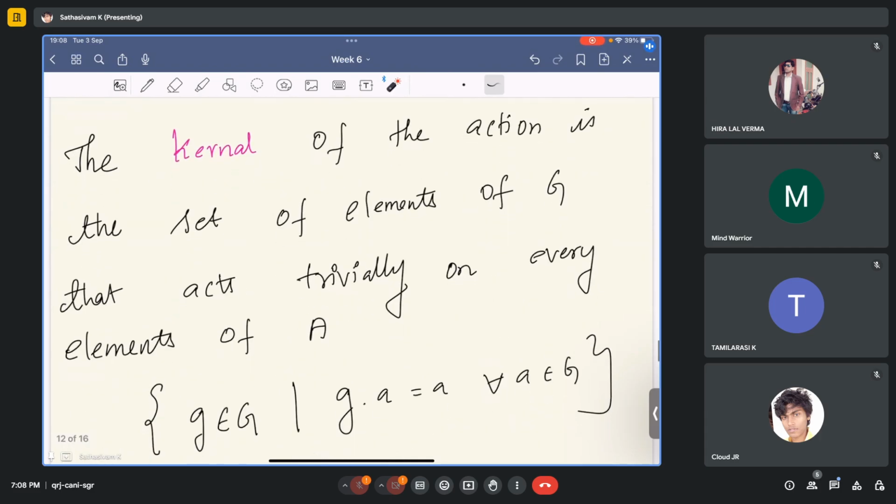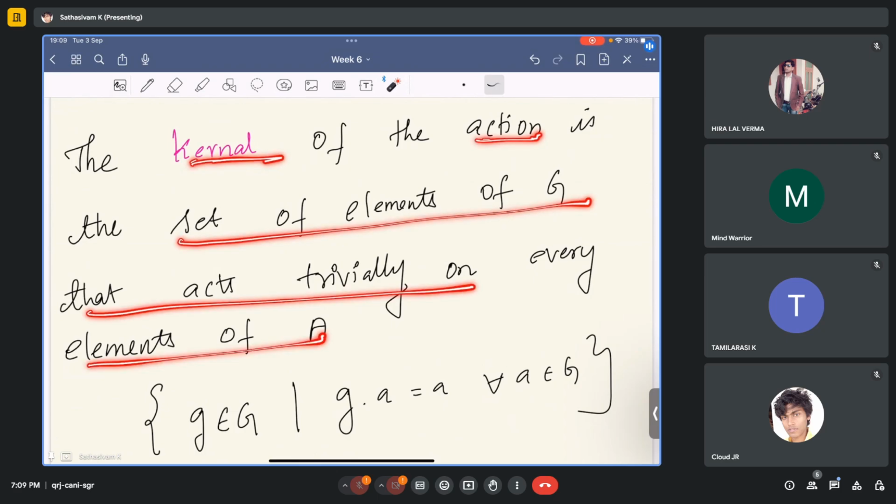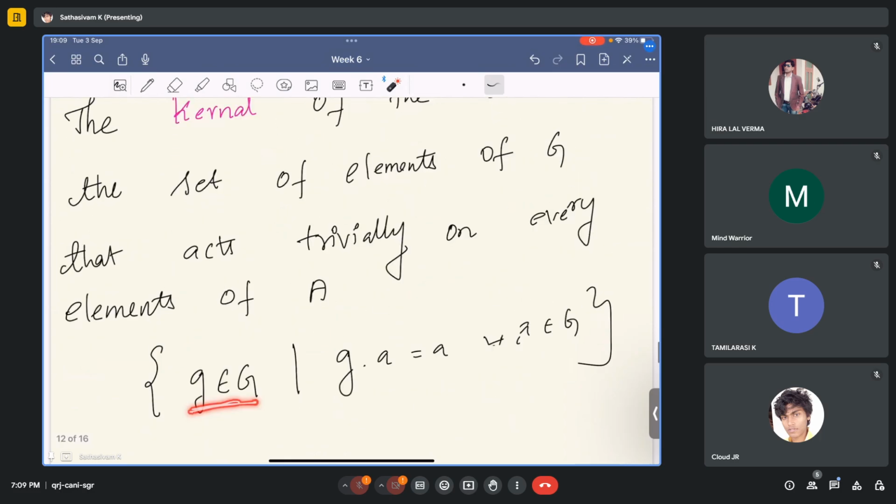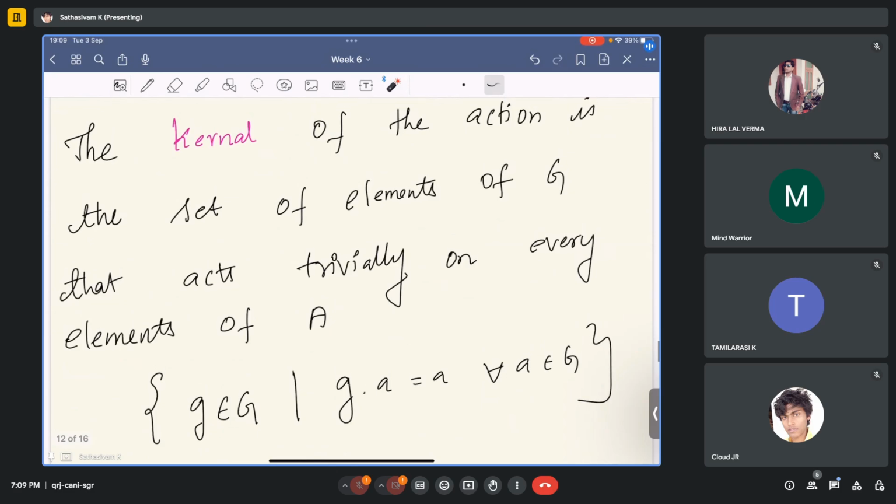Now there is another property which is called the kernel of the action. The kernel of the action is the set of all elements of G that act trivially on every element of A. So this is the set of all G in G such that G times A is A. Maybe I'll leave it for a few seconds for you to recall. Basically it does not do anything to any element.